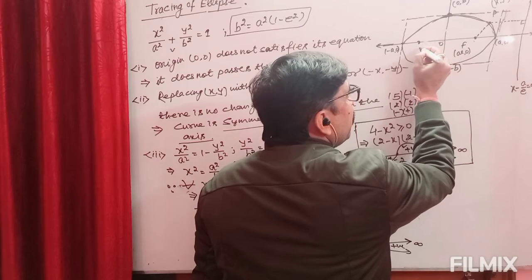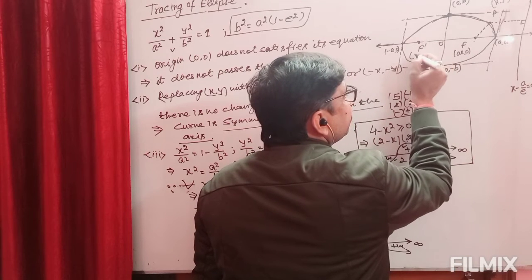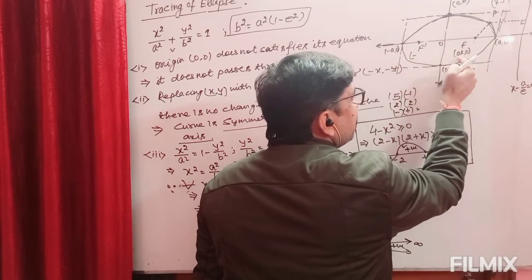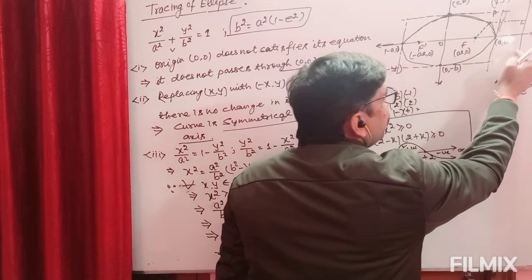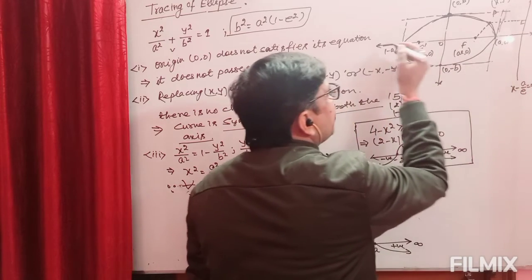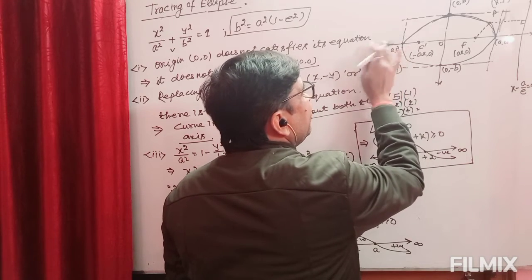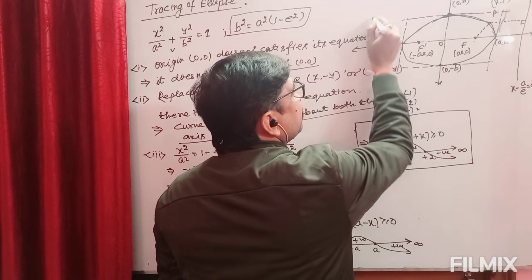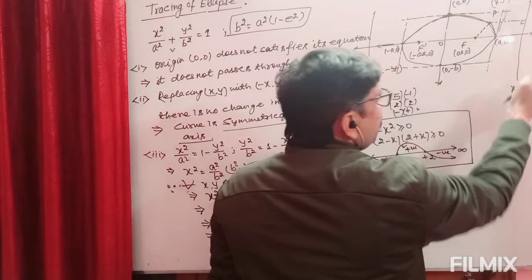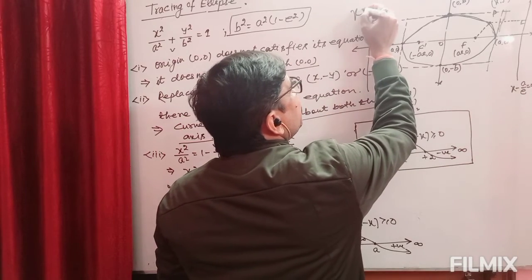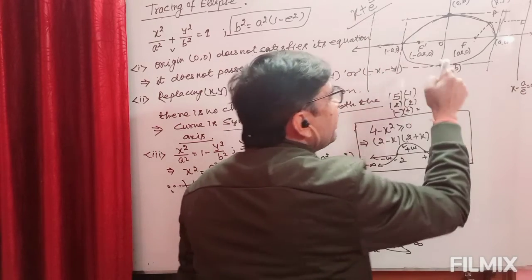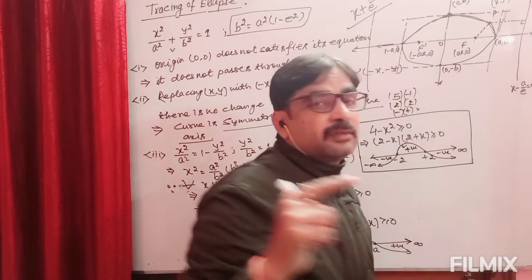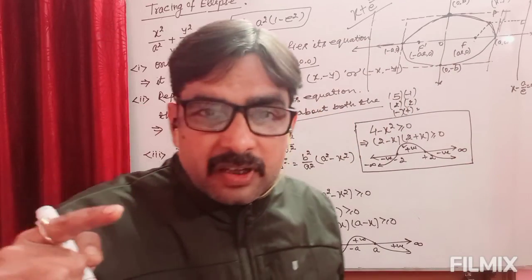That is, one more focus exists whose coordinate will be the image of this, minus a e, 0, and one more line, means one more directrix, will be there on the opposite side, whose equation will be, instead of minus, plus. So it is a bifocal curve. Ellipse is a bifocal curve. That's all.